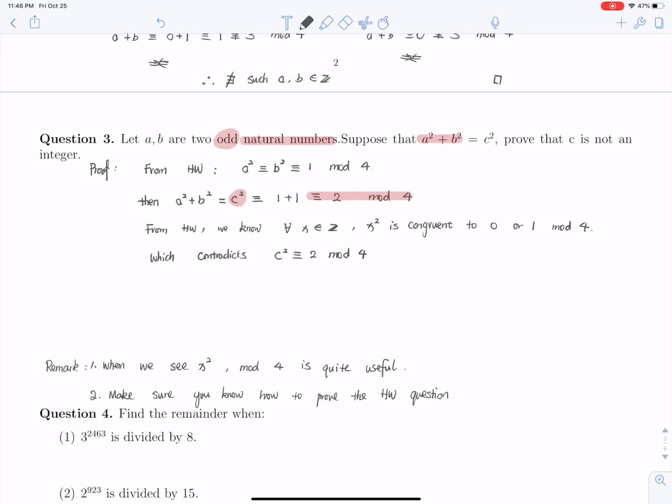Okay, what does this mean? This means that c is not an integer.